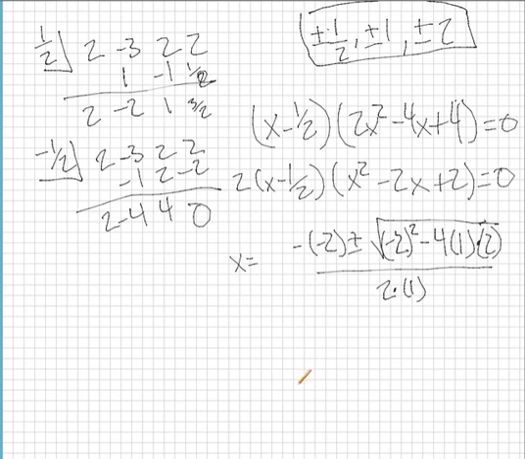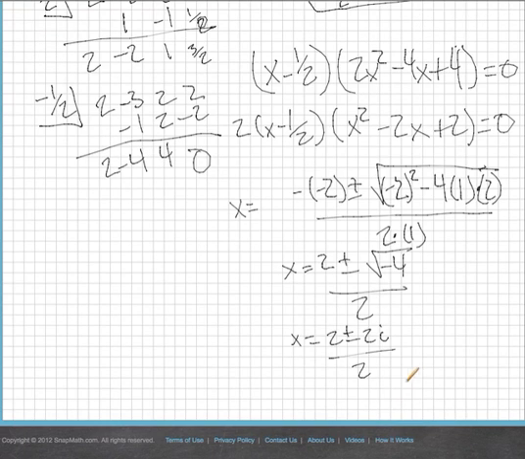So that's going to equal x equals 2 plus or minus the square root of 4 minus 8, which is negative 4, over 2. So it's going to be x equals 2 plus or minus 2i over 2. So finally, the last one is x equals 1 plus or minus i.